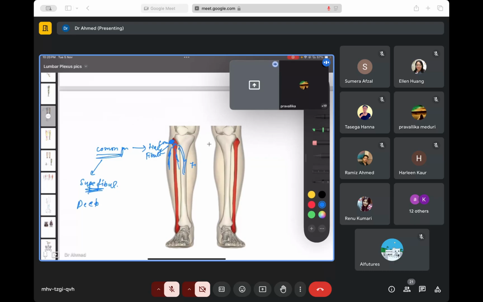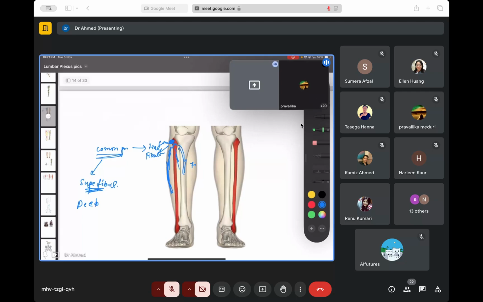The superficial fibular is going to supply the lateral parts of your leg, and the lateral skin as well. If I am supplying the lateral muscles of my leg, it's going to lift your foot like in this way.